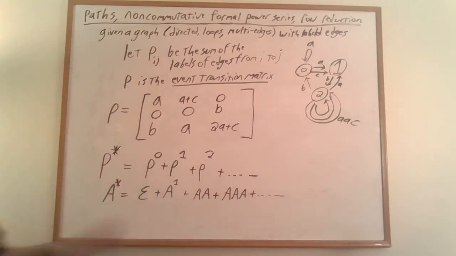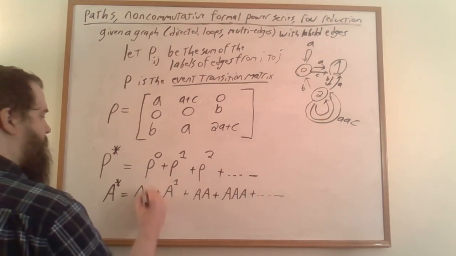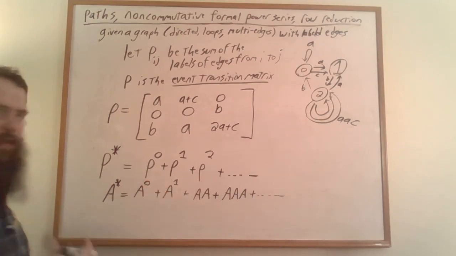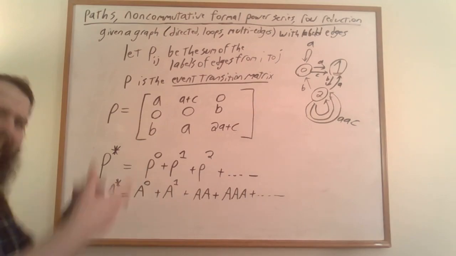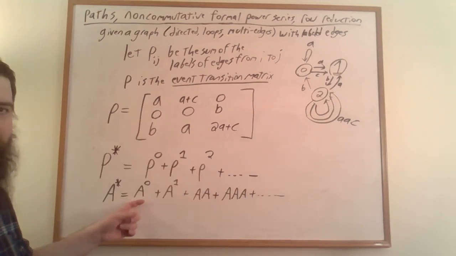And to complete this correspondence, we should just view a particular language raised to the power of 0 as just the empty word, right? A concatenation of 0 words from the language A.